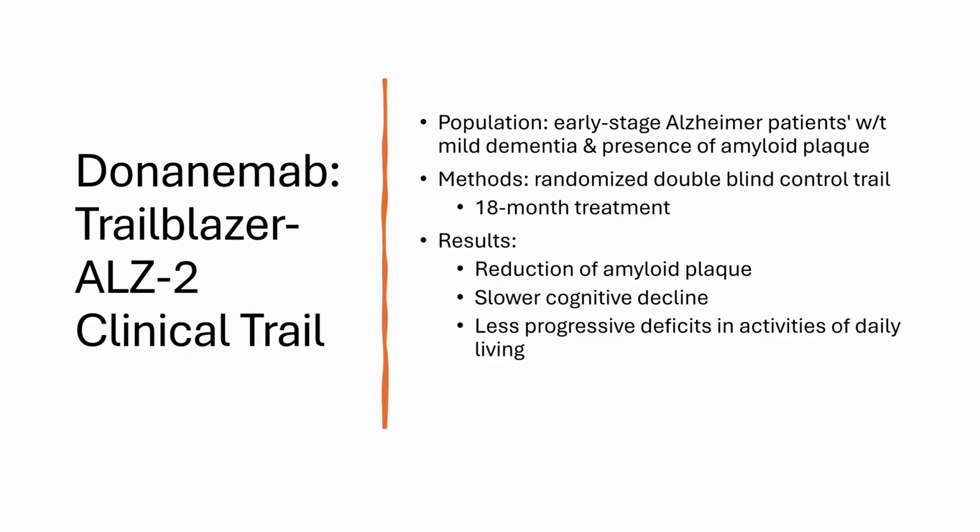The results seen were a reduction in beta amyloid plaque, and especially a 35% reduction of cognitive decline in the patients that were receiving the drug. There was less progressive deficit in activities of daily living as well, and it was found that donanemab acts as an immune-mediated clearance because it is a monoclonal antibody.